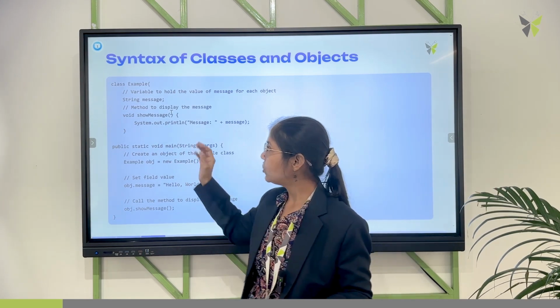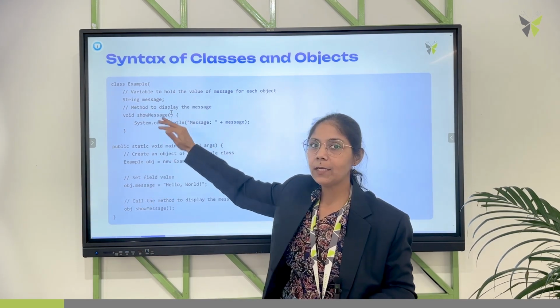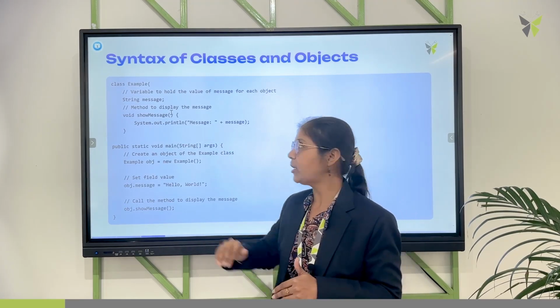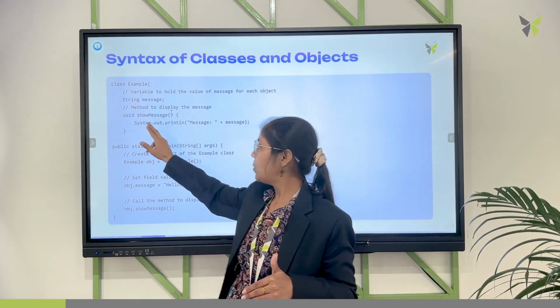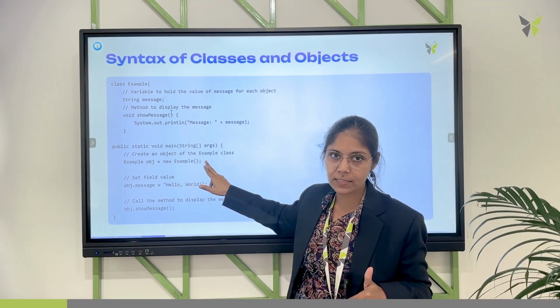Now, in order to actually save something in this variable or call this method, first we will have to create the object of this class Example. So in my main method, the first thing I'm doing is creating the object of that class.